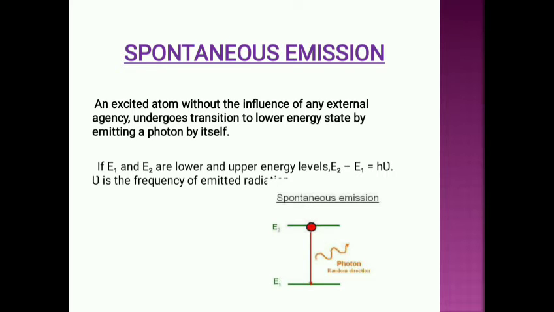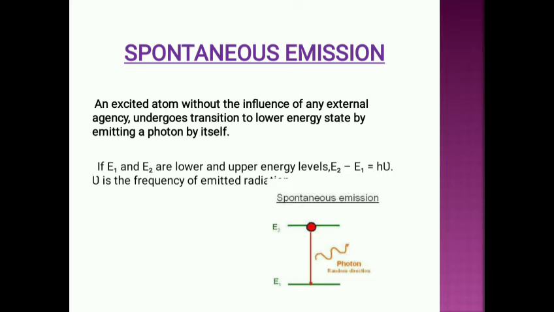And the second process is spontaneous emission. An excited atom, without the influence of any external agency, undergoes transition to a lower energy state by emitting a photon by itself. We know that an atom in an excited level has a very short lifetime.